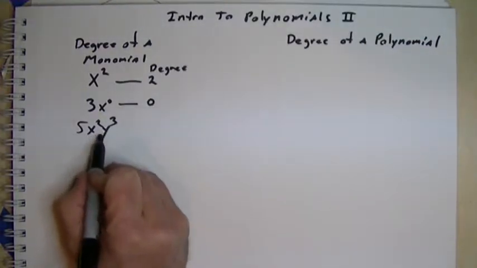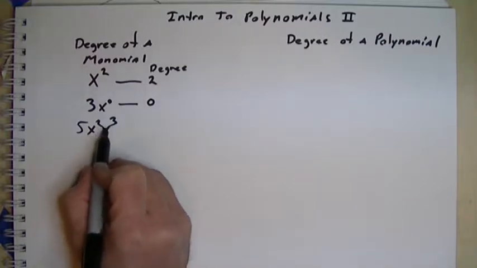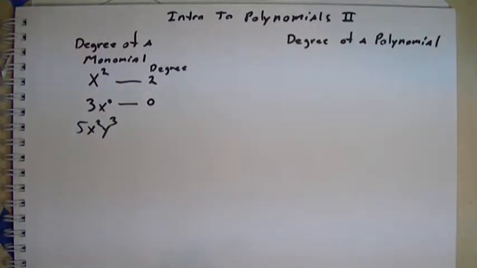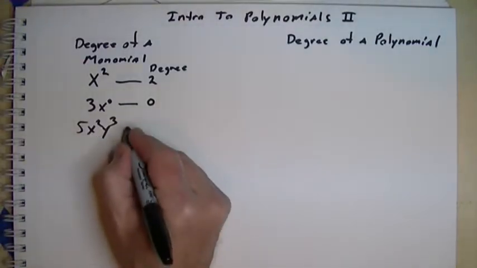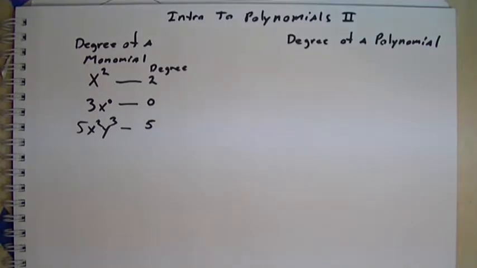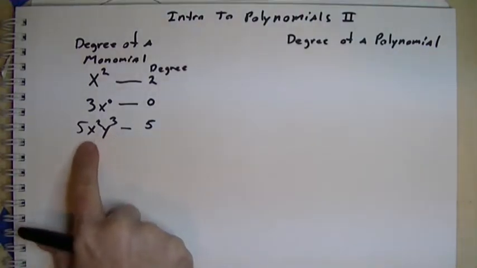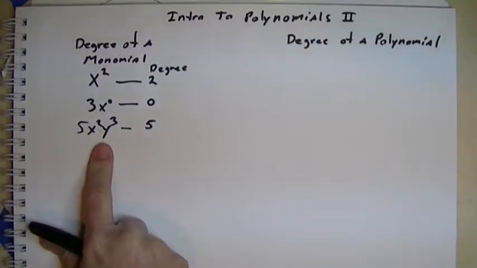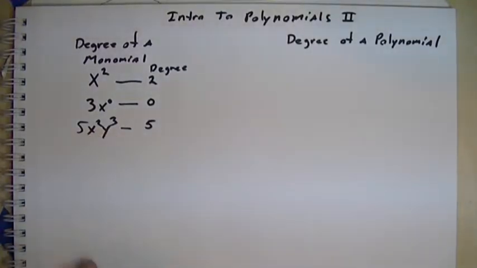These are different bases, and we're still just going to add them because we're calculating a different thing here. We're calculating the degree. We're not actually multiplying those two. So in this case, we'd say this has a degree of 5. Okay, that's all well and good. There may be questions on your test coming up that give you some monomials and ask you for the degree, and now you know how to find those.